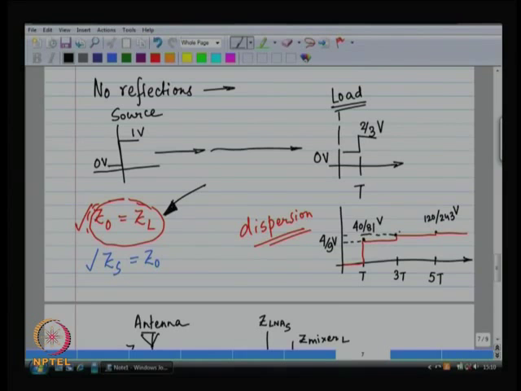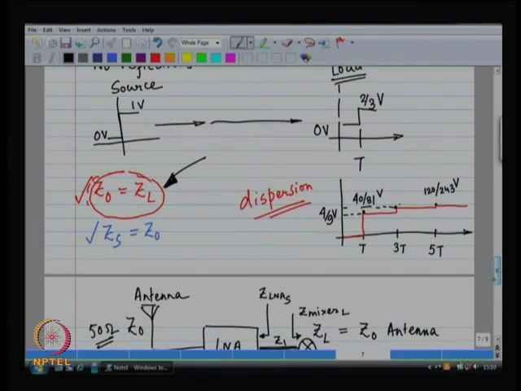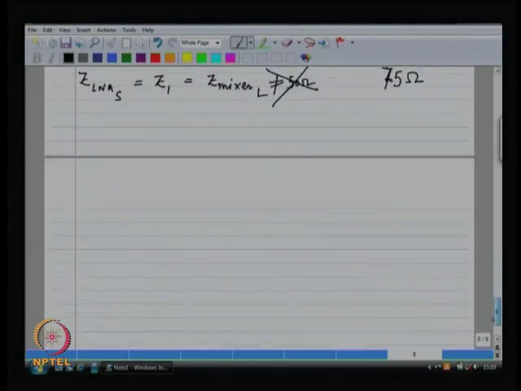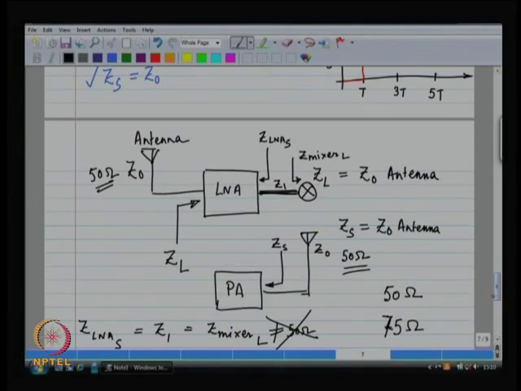This is when there are no echoes. When there are echoes, these echoes distort what you transmitted, and this phenomenon is called dispersion. So with this, I am going to summarize today's lecture. Thank you.